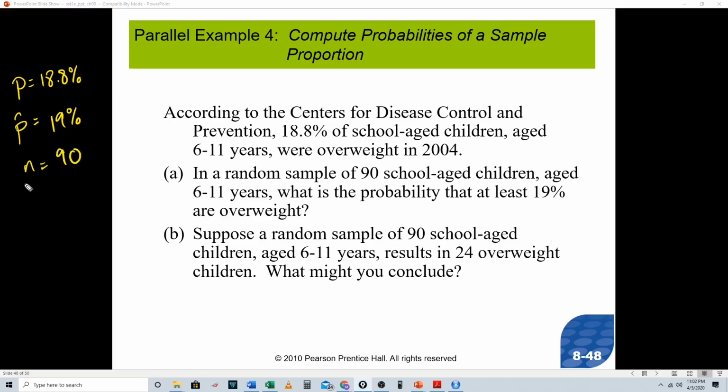Those are the only things you need. And we're doing at least, which means greater than. So here we're going to go to R. We're going to use a formula.